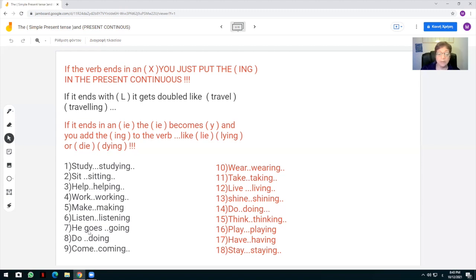7, the verb to go becomes going. Do becomes doing. Come becomes coming. Listen يعني أستمع. Do يفعل. Go يعني بيذهب. Come يعني يجي. Okay? Study المذاكرة.